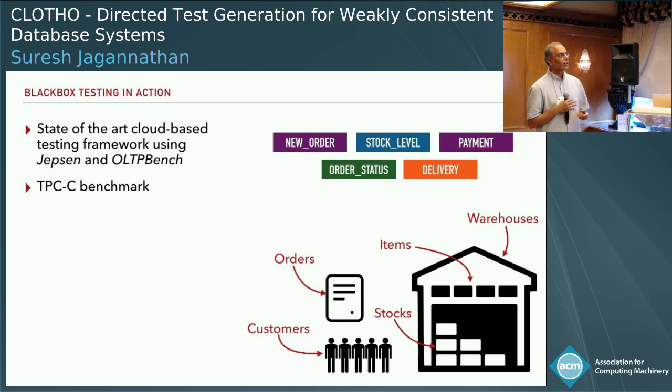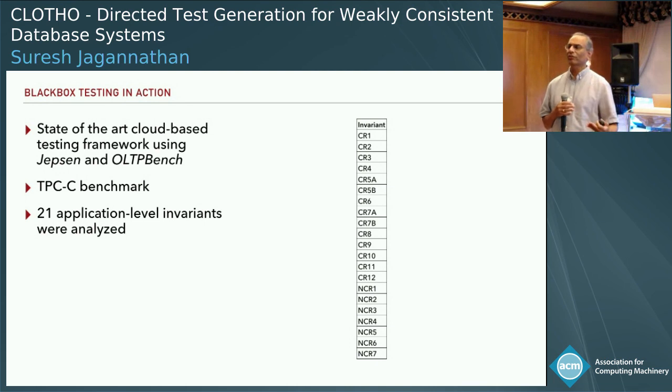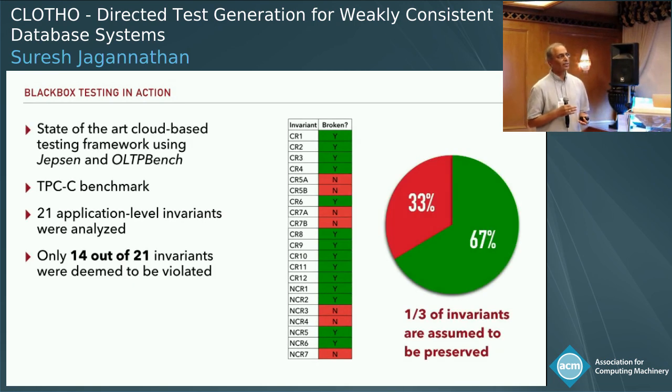Okay, so what we wanted to do was to understand, for 21 invariants that we knew must hold in TPCC, how many of these we could actually discover running random testing using Jepsen in an hour. So we ran for an hour and tried to figure out how many invariant violations Jepsen would actually discover. Green is good for us, bad for the program, right?